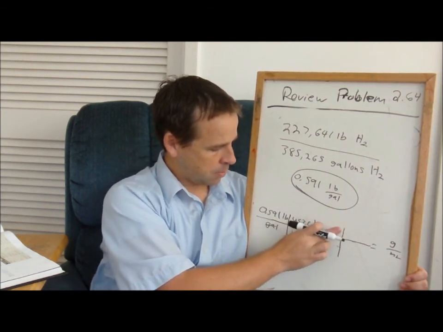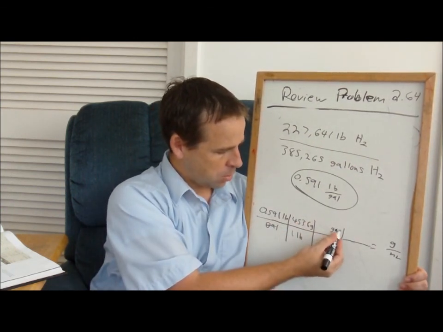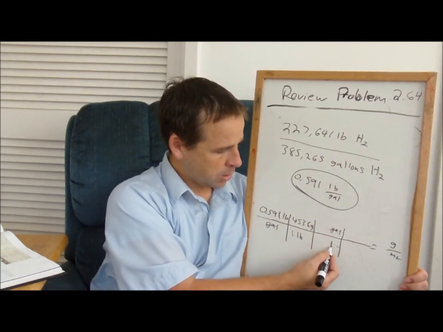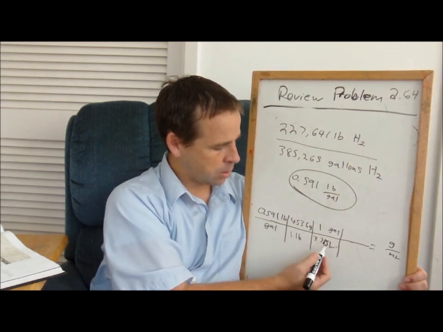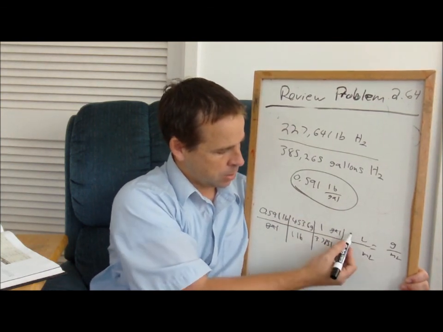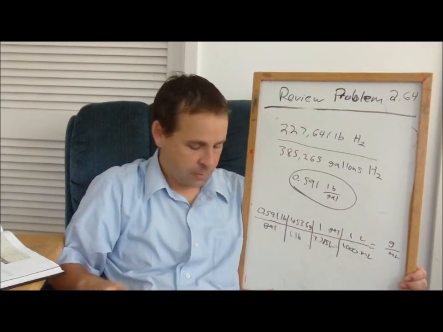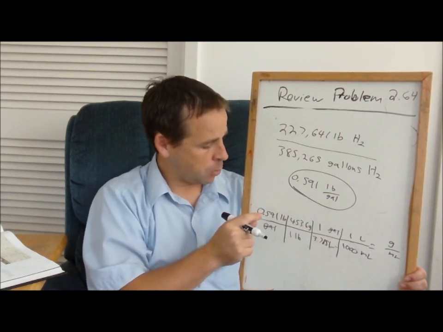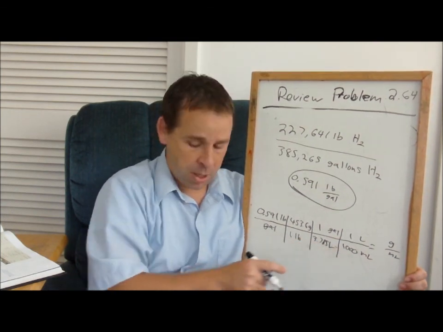We need gallons on the top here because we need the gallons on the bottom to be crossed out. So we need liters down here. So 1 gallon, 3.785 liters. And then we want it ultimately in milliliters, so we need to convert liters to milliliters. For every 1 liter, there's 1,000 milliliters, right? Then we can just calculate it out: 0.591 times 453.6 divided by 1 divided by 3.785 divided by 1,000.